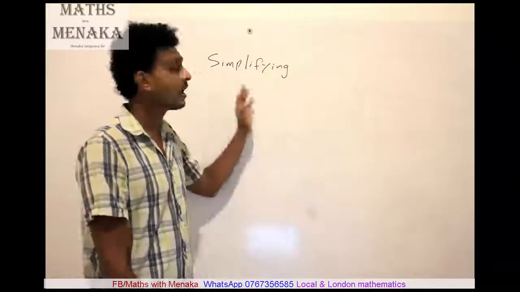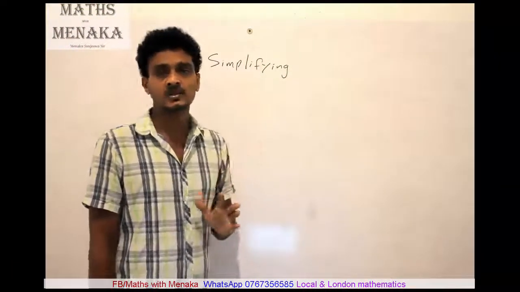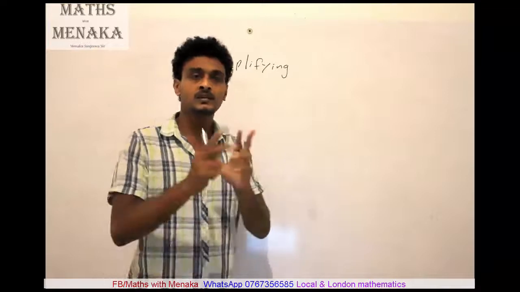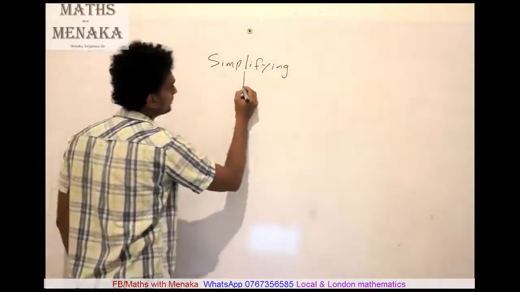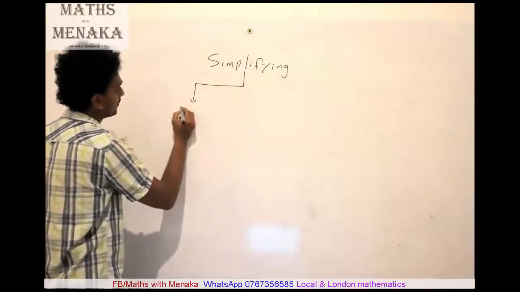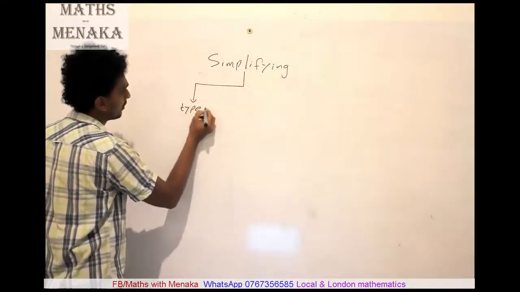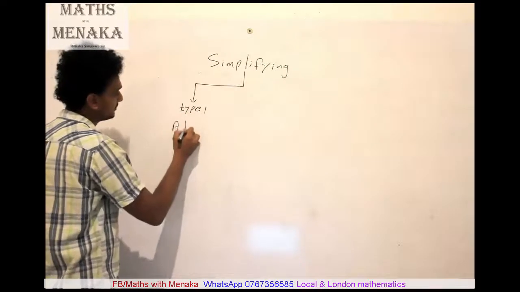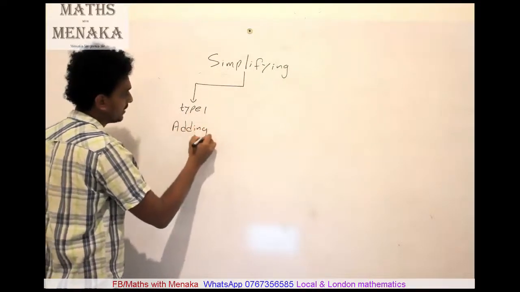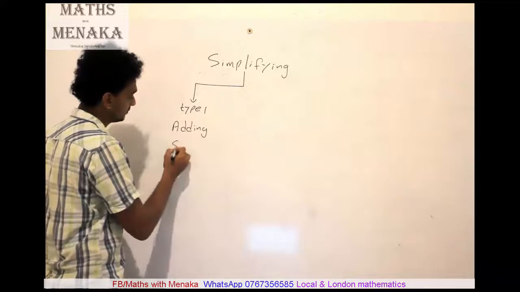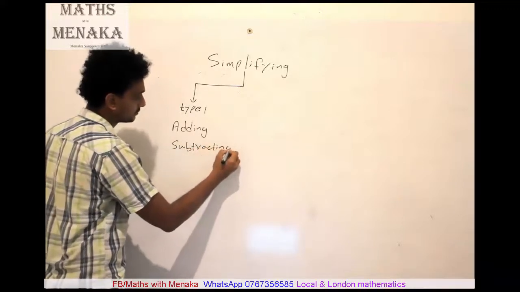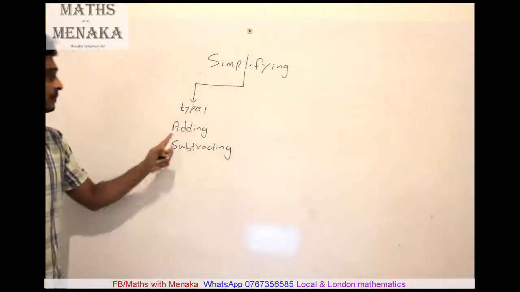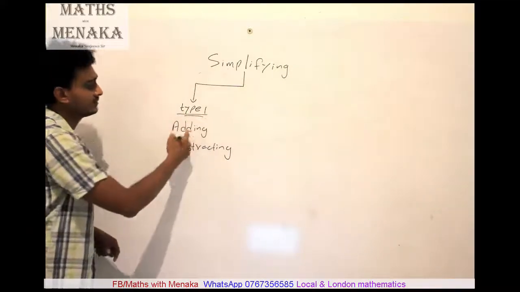Students, now we will see how to simplify numbers. Simplifying can be divided into 2 types. The first type is adding and subtracting.